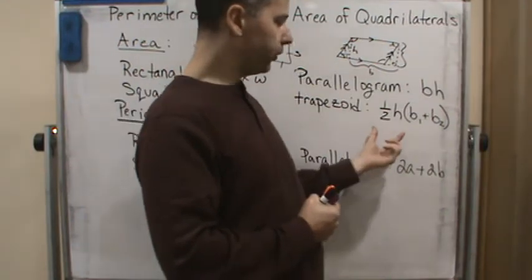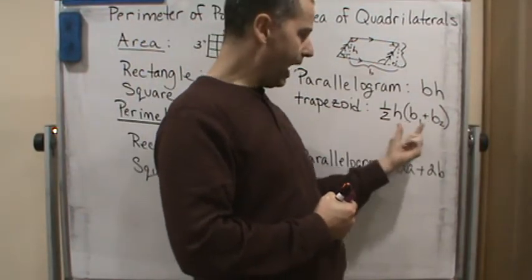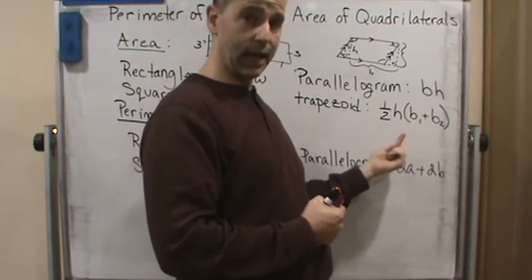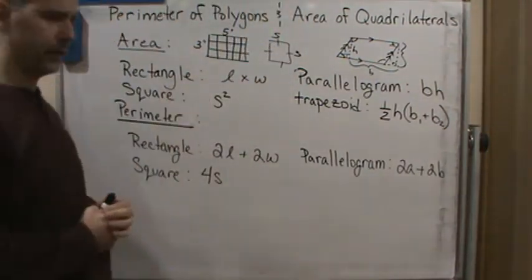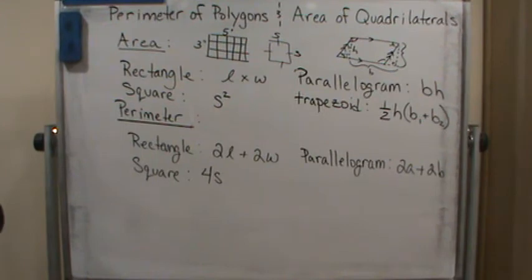Or you can also think of it as the average of the bases times height. So those are the formulas for the different shapes that we're going to be dealing with: rectangle, square, parallelogram, trapezoid.